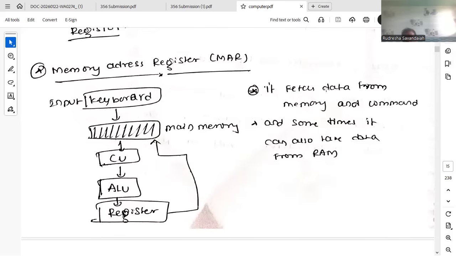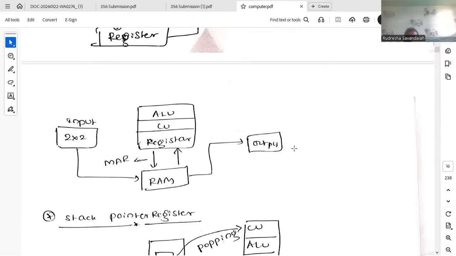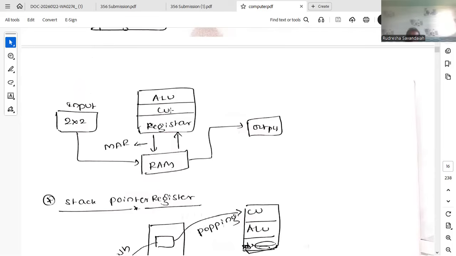See, it fetches the data from memory and command, and at the same time it can also take the data from RAM. ALU arithmetic logic unit, CU control unit, register, this is the RAM random access memory, input 2 into 2 and output.